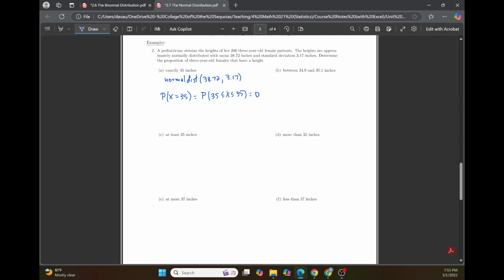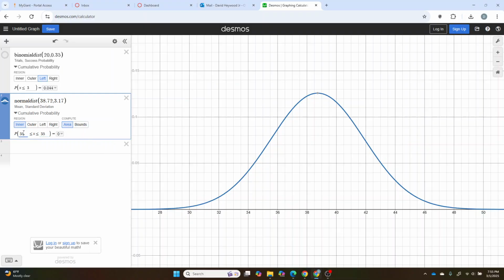But that just equals 0. Okay. So for part B, probability x is between 34.9 and 35.1. Okay, we get that answer. No big deal there.